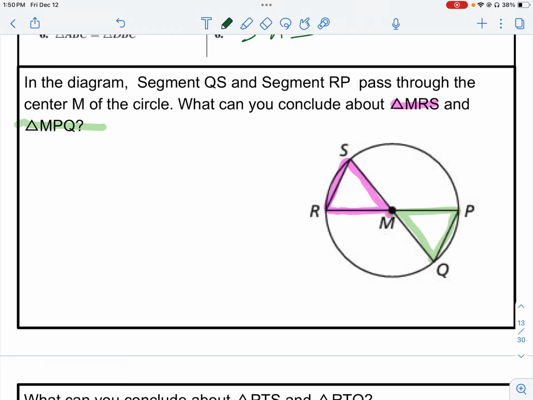SQ is a diameter. RP is a diameter. If it's cut in half, then SM is going to be congruent to MQ, right? Because of the radius of a circle. RM and MP are going to be congruent for the same reason, because M is going to be the midpoint.